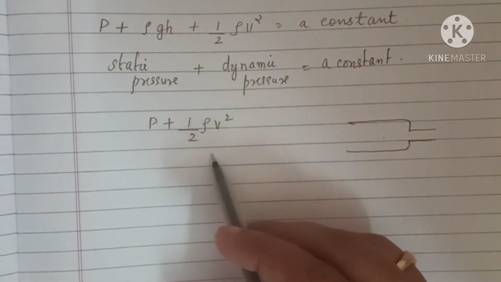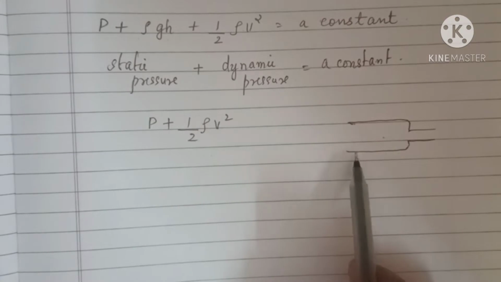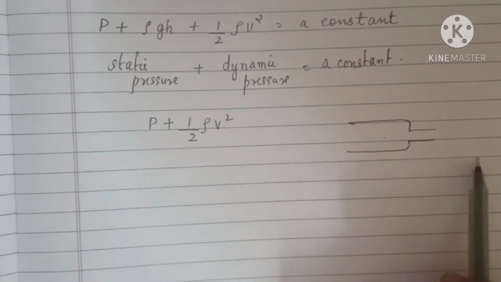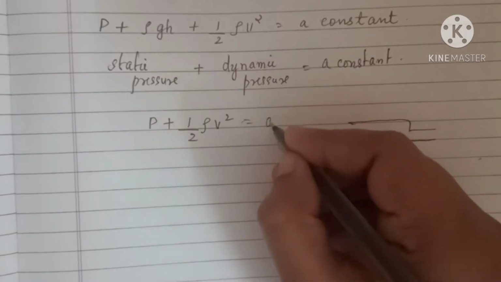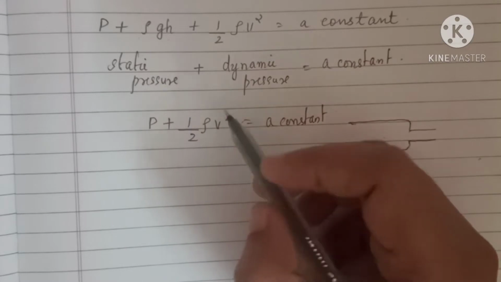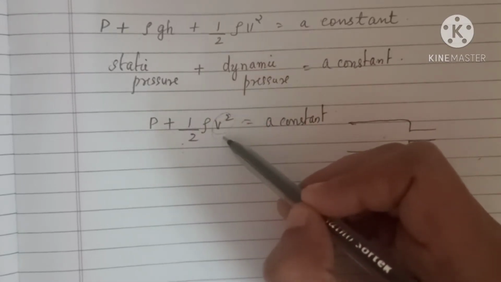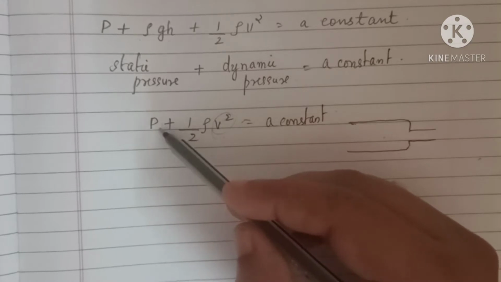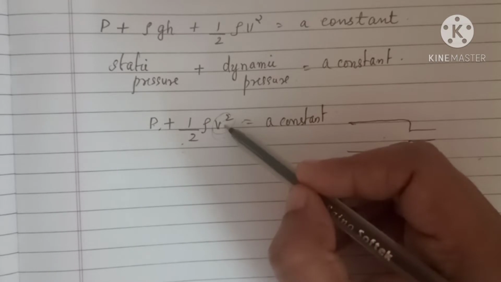This is the condition where we are neglecting the effective height, meaning when the pipe is at the horizontal level. This is a constant. And what does this equation mean? It shows that if v increases, then P should decrease, and if P increases, v should decrease.